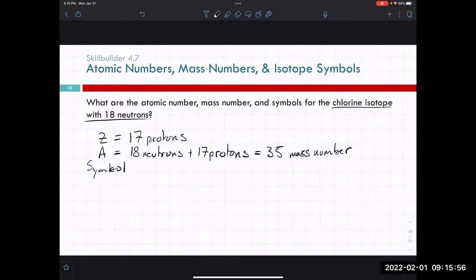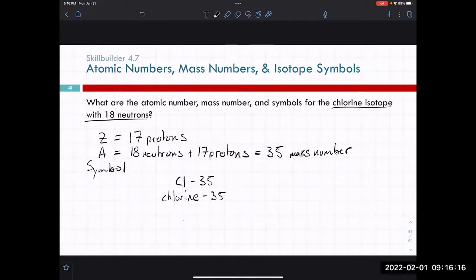So we can write this out 3 different ways. We say that we have chlorine, which is Cl, Cl-35. We could write out chlorine, the whole name, with a dash 35.